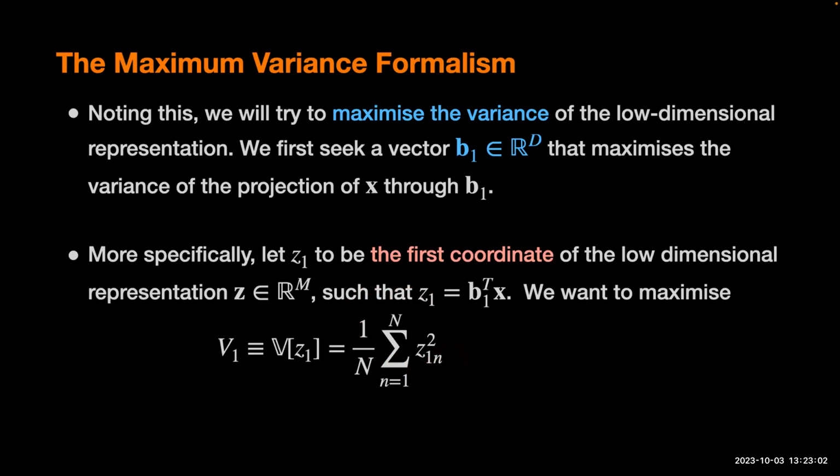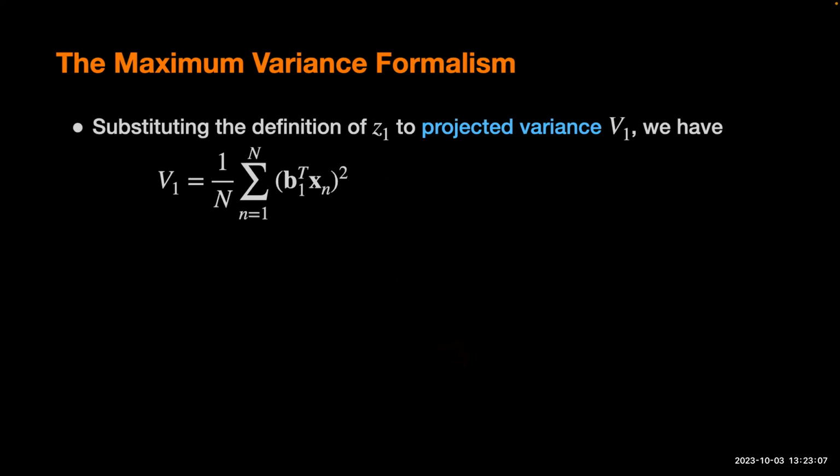Cool. So based on this loss, how do we find b_1? We can rewrite z_1n as the dot product of b_1 and x_n. Even though this is a scalar, if I write it in vector form, I get b_1 transpose x_n times x_n transpose b_1. b_1 itself is independent of n, so it can be pulled out from the summation.